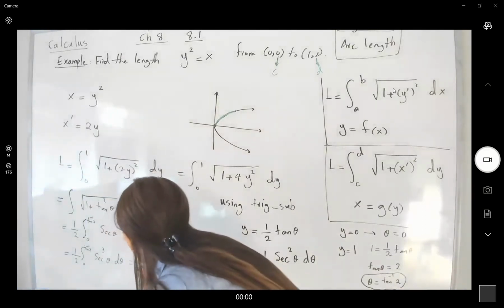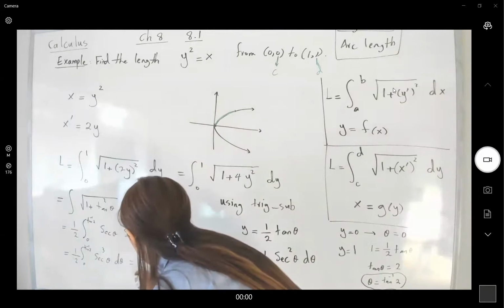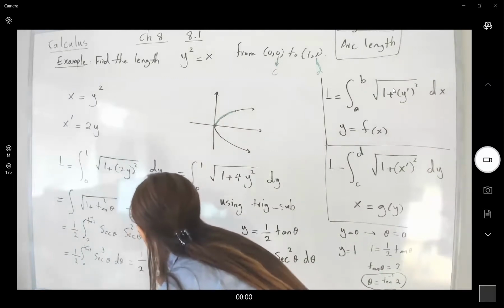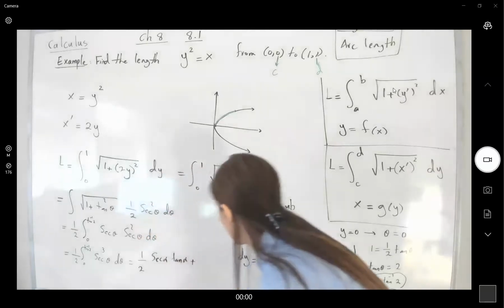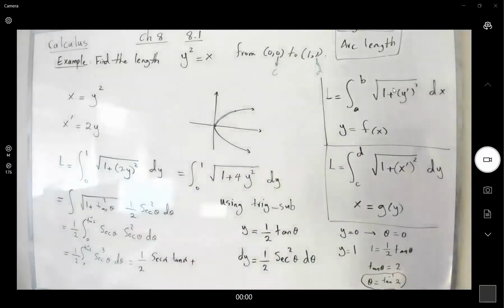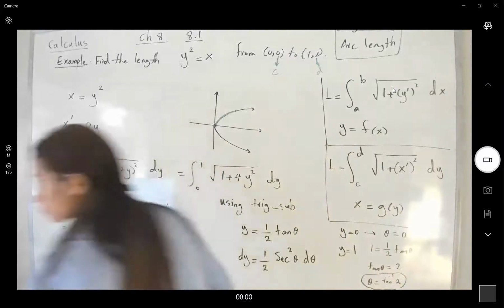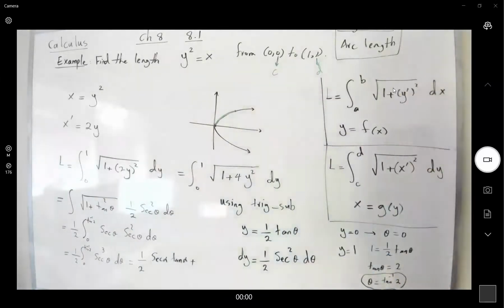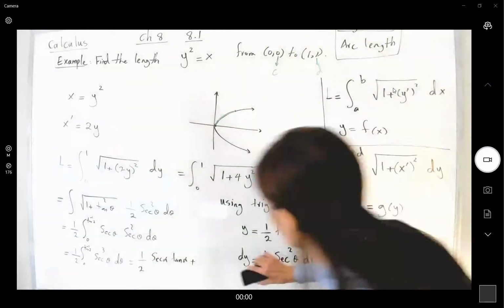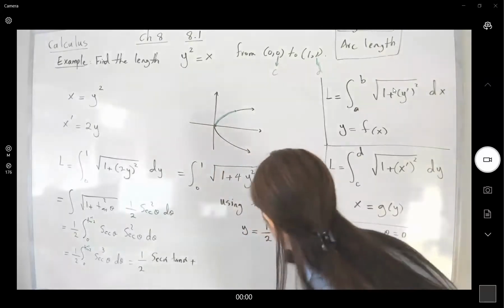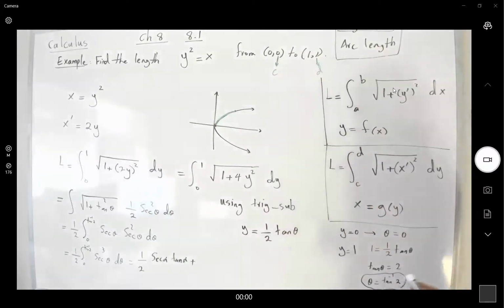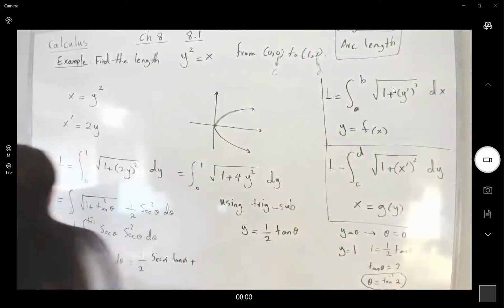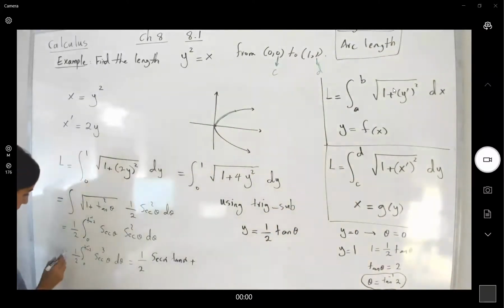So here you have a half secant alpha tangent alpha. We need another a half, right? Yes. So we get another a half because we have it outside.